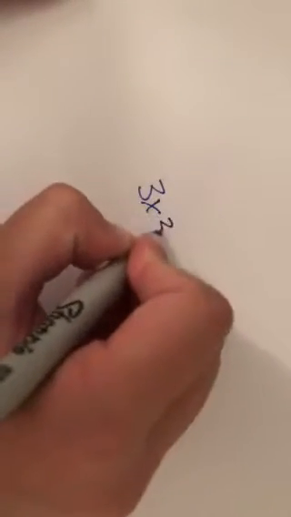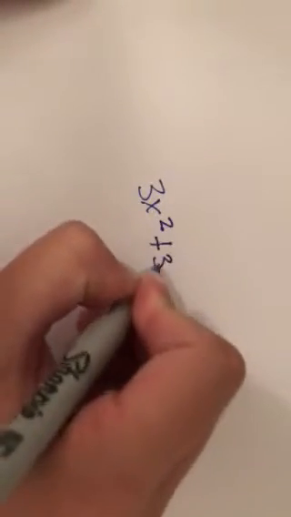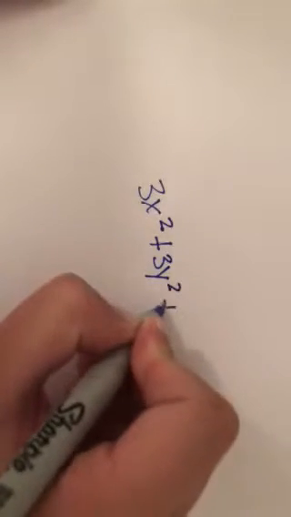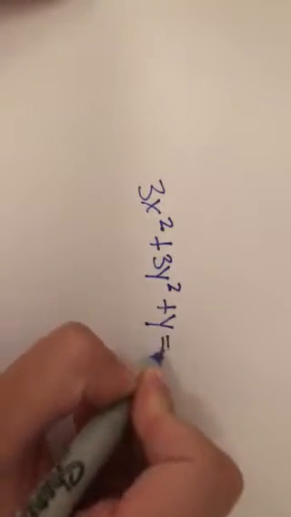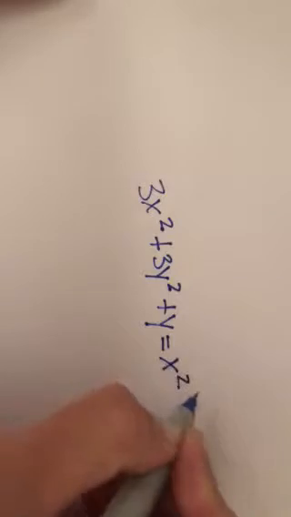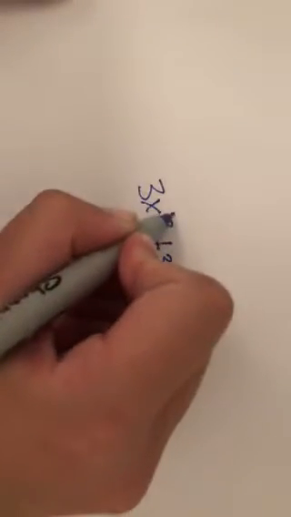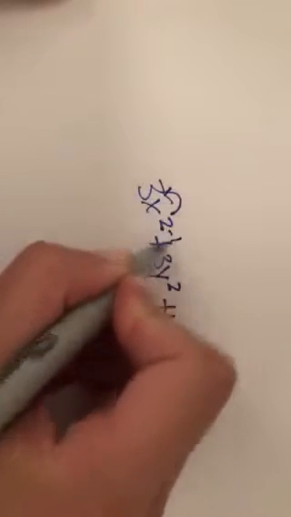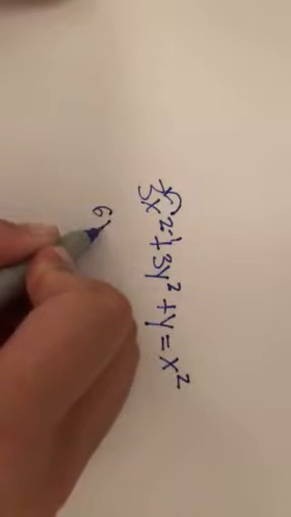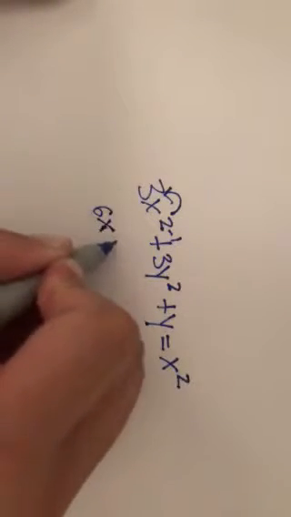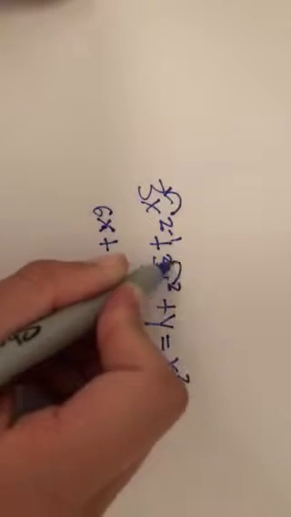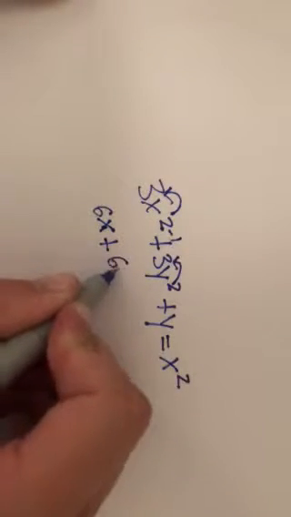Let's look at when we have 3x squared plus 3y squared plus y is all equal to x squared. So let's start with taking the derivative of each part. So we do our power rule, and we get 6x plus, power rule again, 6y.